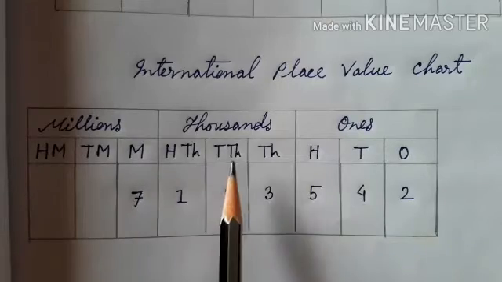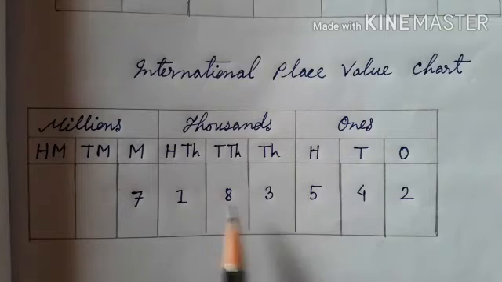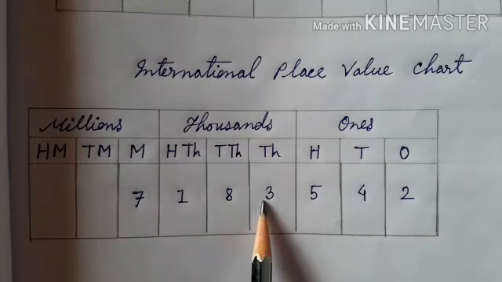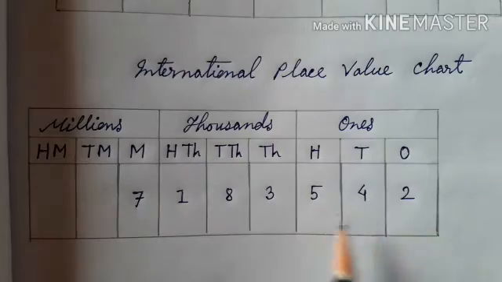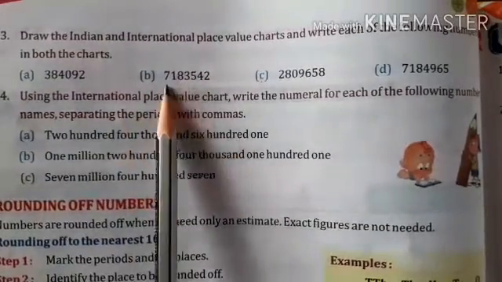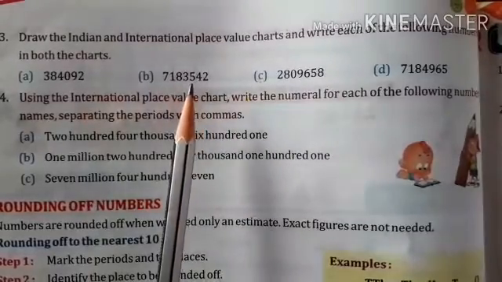And this is the international place value chart, and put the number in this chart in this way. This is 7,183,542. So I have given you the example of this number. Put the rest of the numbers in the Indian and international place value charts properly.